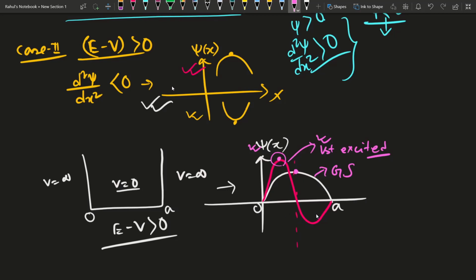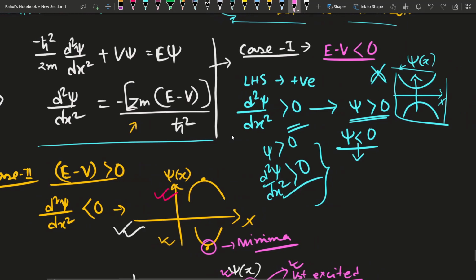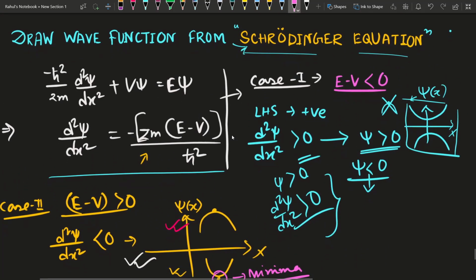And in the region where psi of x is negative, yes, there is a minima, and according to our theory there should be a minima. So yes, our general formalism is correct. In this way you can justify whether the wave function you have drawn is correct or not.